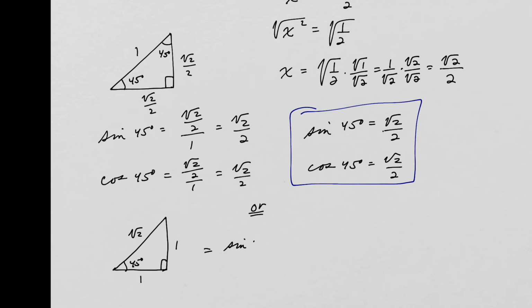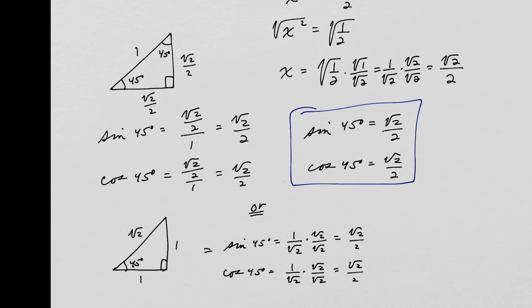Sine of 45 is opposite over hypotenuse, and cosine of 45 is adjacent, 1, over hypotenuse, radical 2. If we rationalize the denominator by multiplying by radical 2 over radical 2, these are both radical 2 over 2.